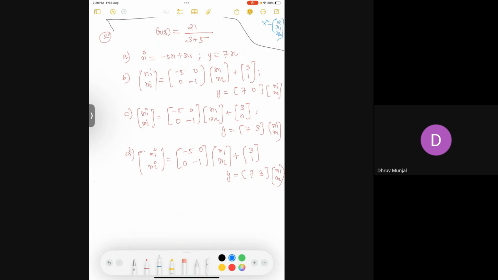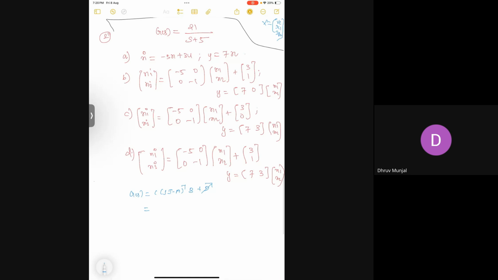So we can use an easy method. Instead of finding all these things, we can go from solution to question, because we know the equations. G of s will be C into (sI minus A) the whole inverse into B plus D; since there is no D, this will be 0. So first put the first A value here.